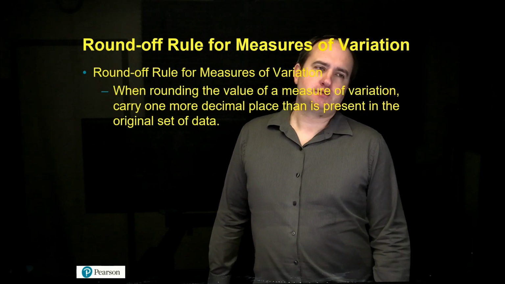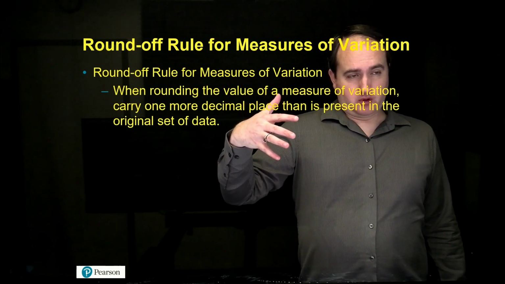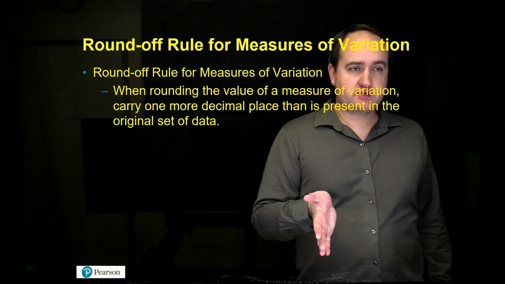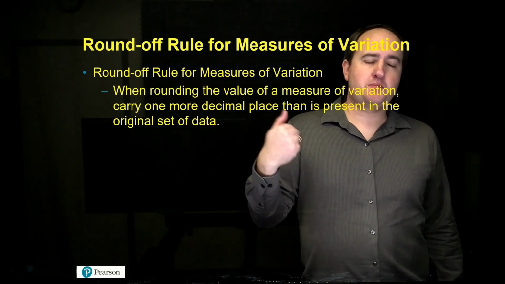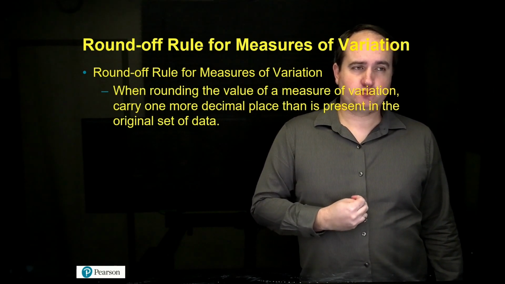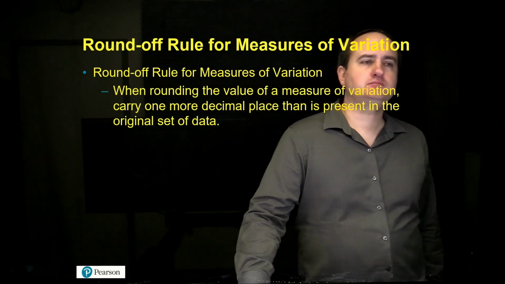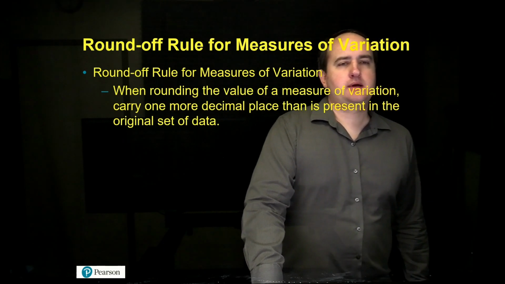Okay? So for example, if your data values have one decimal place, then when you are calculating a measure of variation, you should have two decimal places, which is one more. All right, so that's good to know.